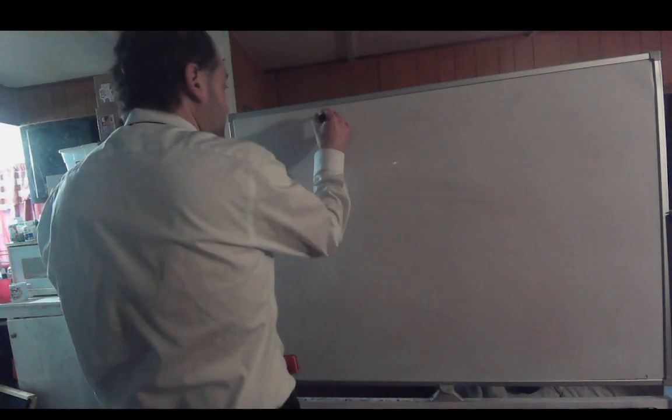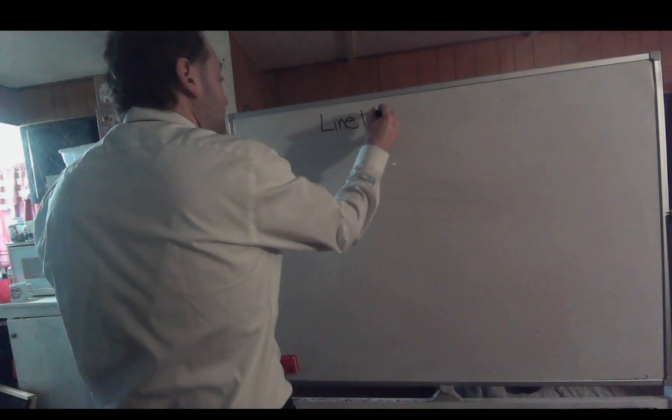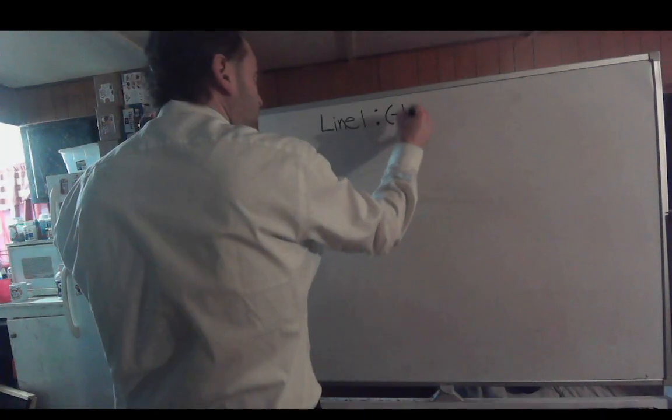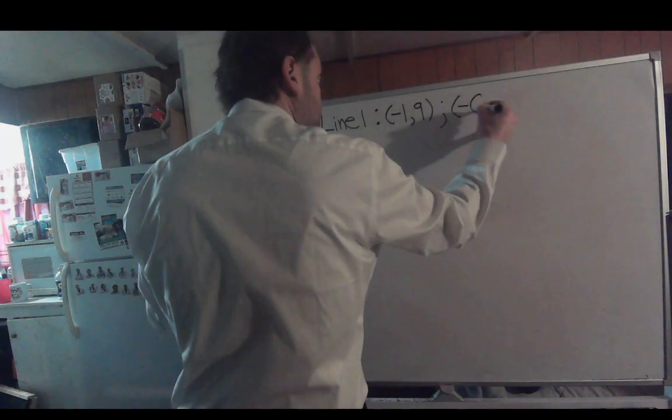All right, so let's see. Line 1 has the points (-1, 9) as well as (-6, -6).